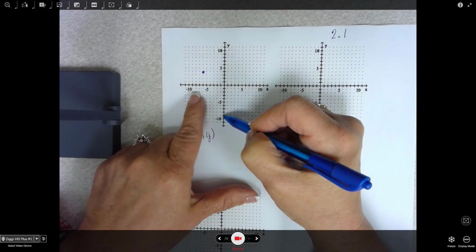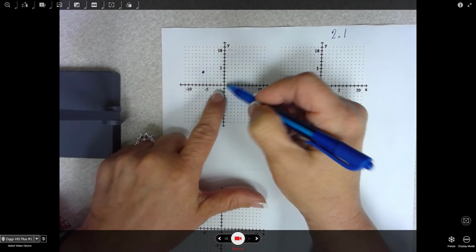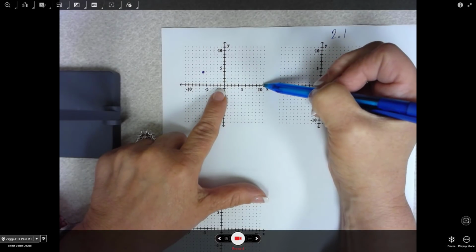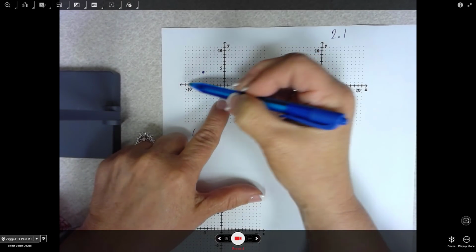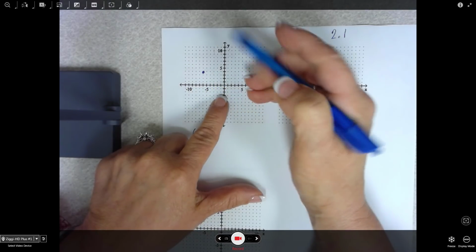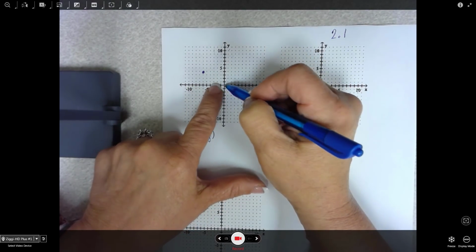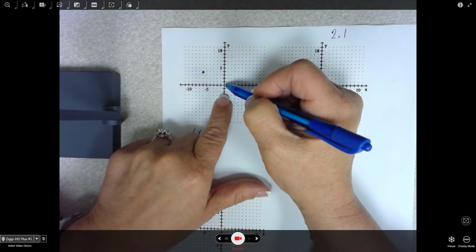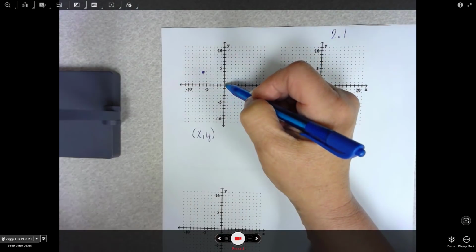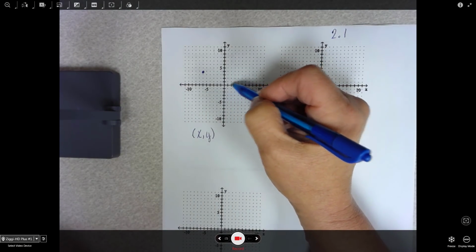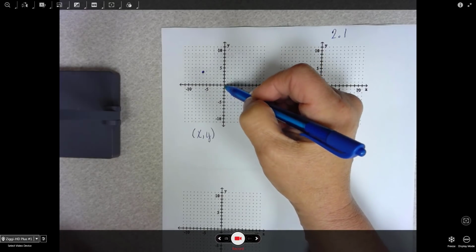The x-axis has decreasing numbers from the right, increasing from the left, and they all come to 0, 0. That's what we call our origin. This is where the x-axis is 0 and the y-axis is 0.